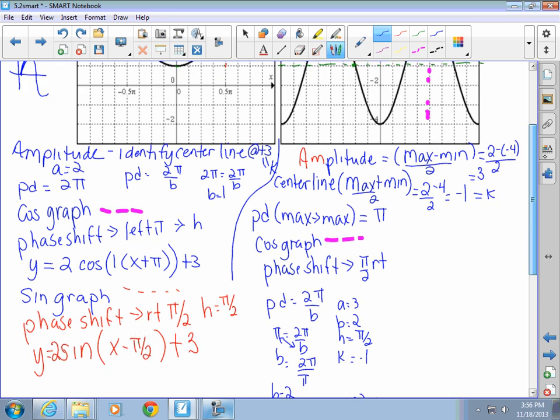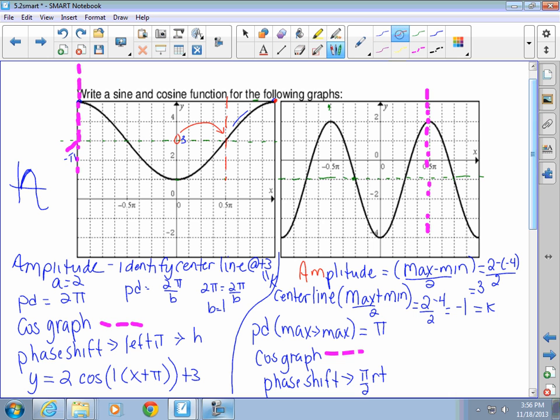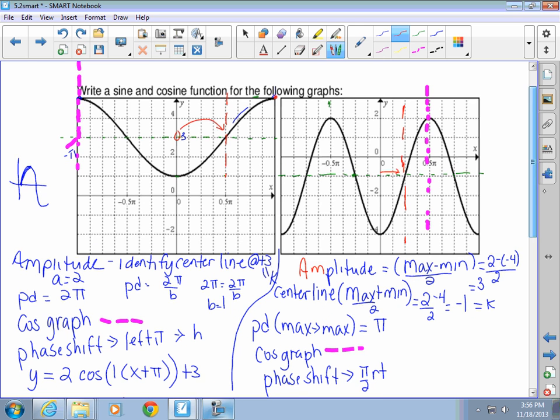The only thing I need to find out for the sine is where my sine is starting at 0. So that one I could go right here. That means that my phase shift is from here to here. So I went from 0 to pi over 4. I went a quarter of the distance.